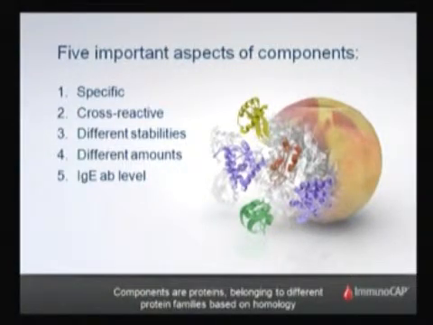When we look at components, we're going to look at 5 things which are important to components. The first thing is, is this component specific for what we are looking for? The second, is it a cross-reactive component? If it's a cross-reactive component, do we have to take into account other possible sensitizations of the patient?